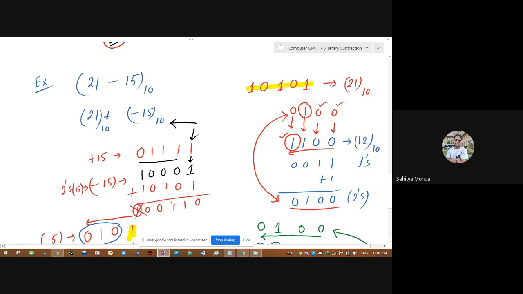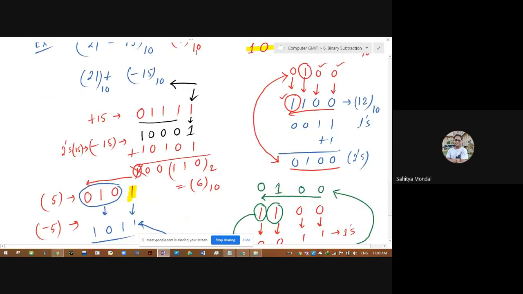So what I finally get is the magnitude, and that is 6 in decimal. So 21 minus 15 is also 6. Okay. Understood?